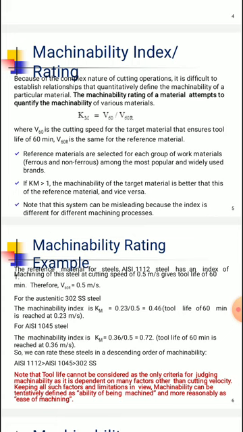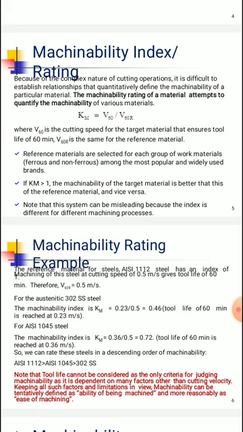If the target material has a cutting speed of 0.23, then we divide that by the reference material, AISI 1112. If it is 0.23 meter per second, and we divide it by the reference material's cutting speed, what do we get as the machinability index? Simply divide 0.23 by 0.5. It is equal to 0.46.